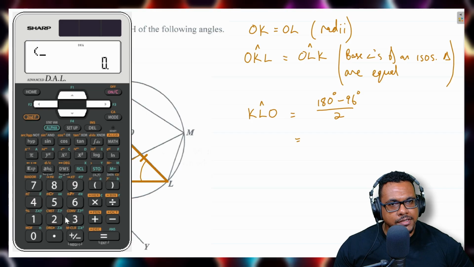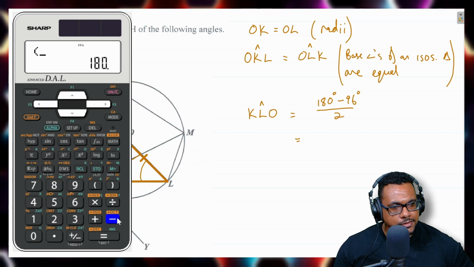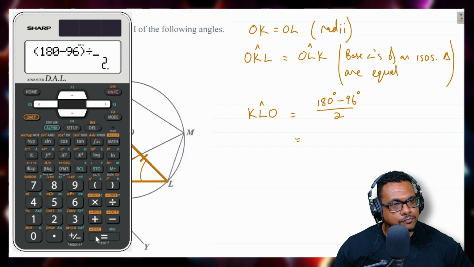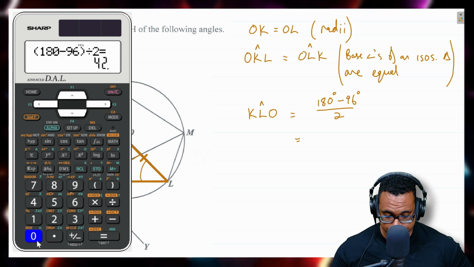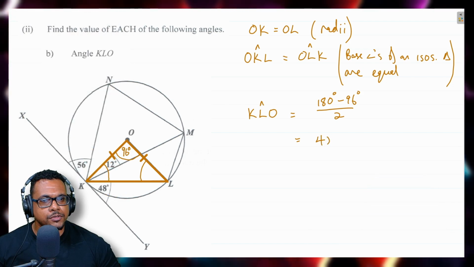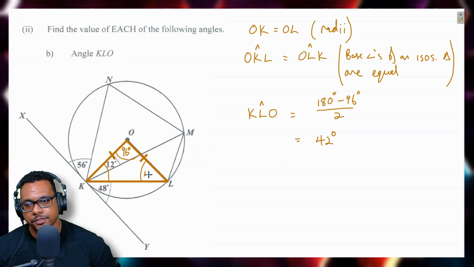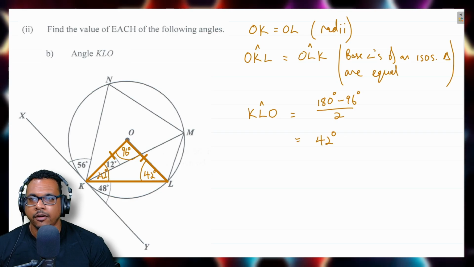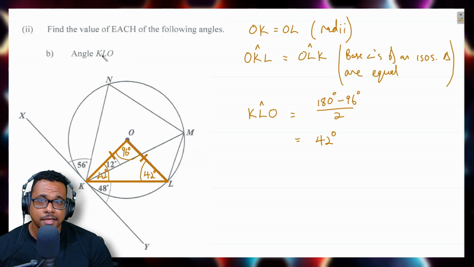So I have open brackets, 180 take away 96, close the brackets, and then divide by 2. And we get 42 degrees. So here's 42. And here's also 42. And that will be my answer for angle KLO.